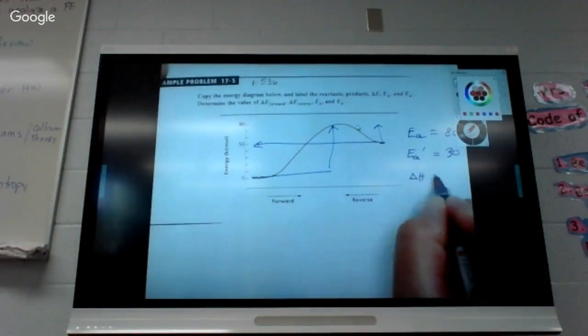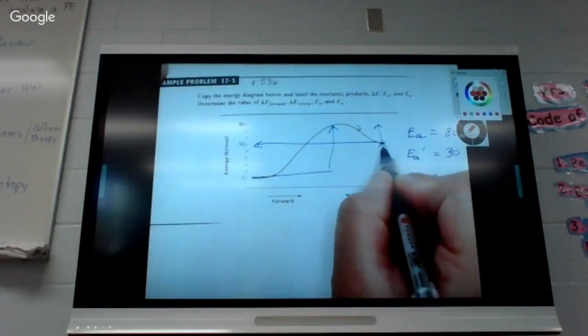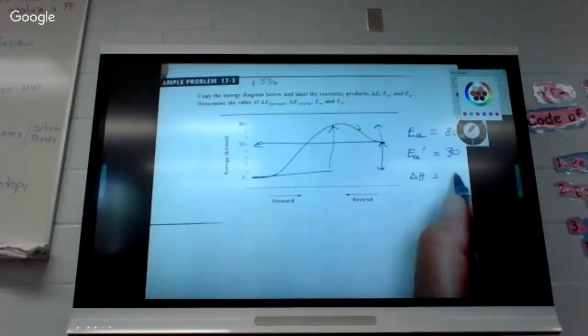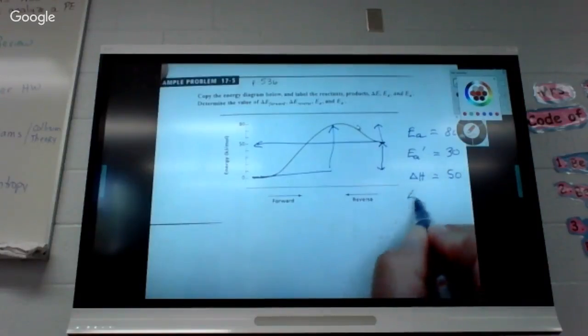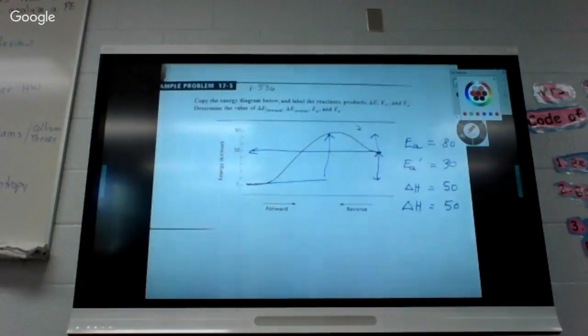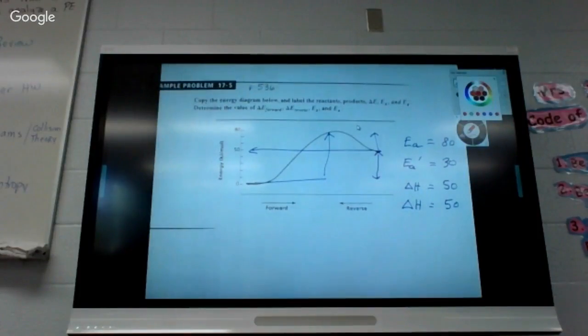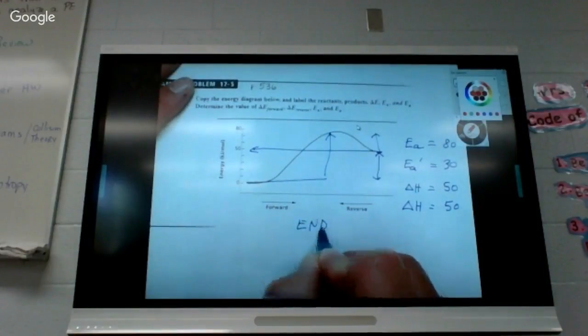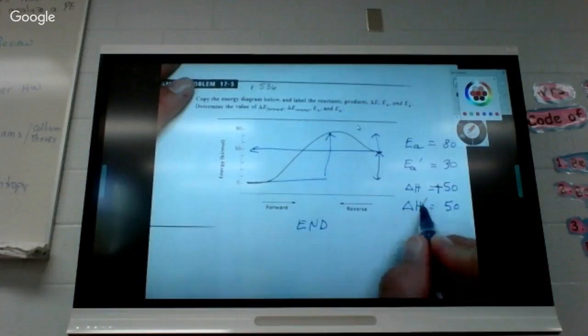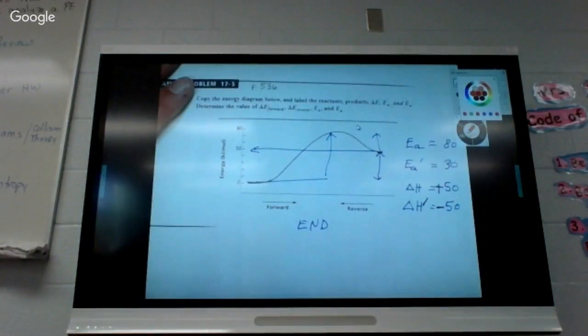Delta H goes from the reactants to the products, which is 0 to 50, which is 50. Delta H reverse is also going to be 50. So the only thing we need to figure out is whether this graph is endo or exo. It's endo, so delta H is positive, and delta H reverse is negative. Does that help at all?